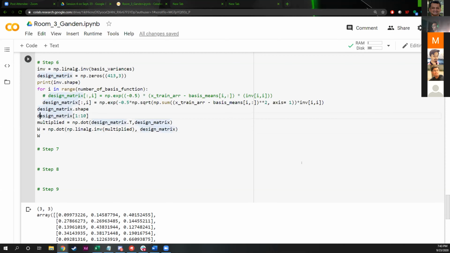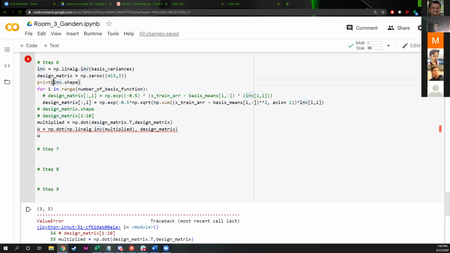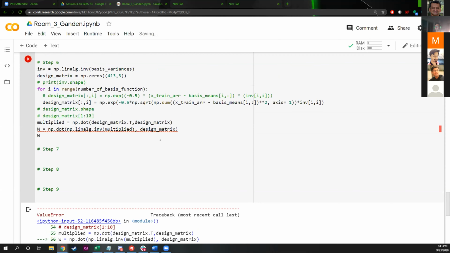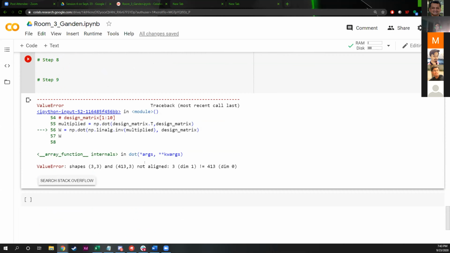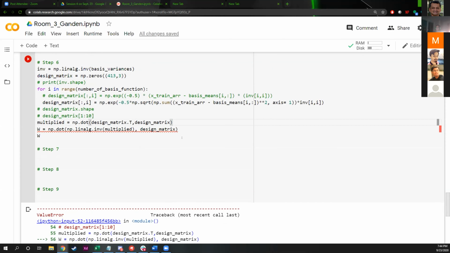This would throw an error. Okay, I'll just check the W statement. I'll just run this and see. It's saying shape 3,3 and 413,3 not aligned. Design matrix is 413,3, and our inverse is 3,3.